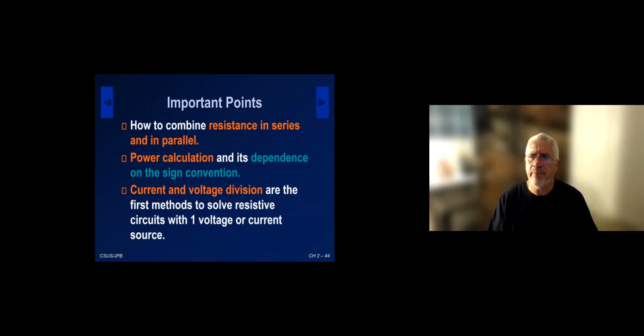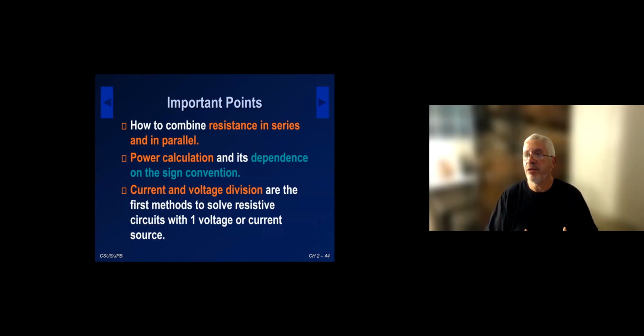We spent some time making sure that you're not imagining resistors being in series or in parallel when they are not. We talked about power calculation and its dependence on the sign convention. And of course, we finished this entire segment today with current and voltage division, which are limited methods of solution for basic circuits with one source and resistors that can be combined.